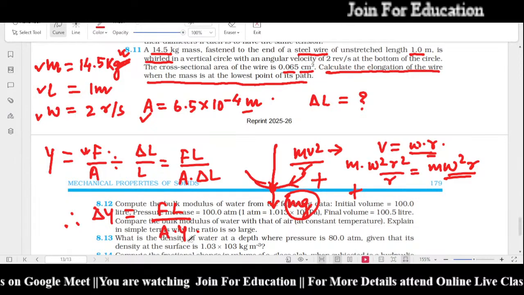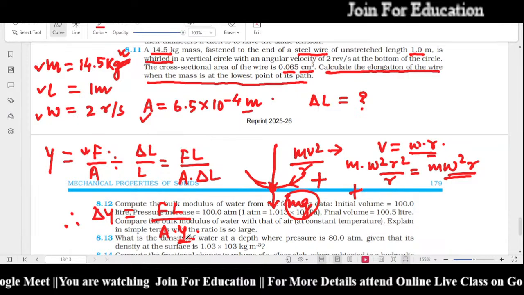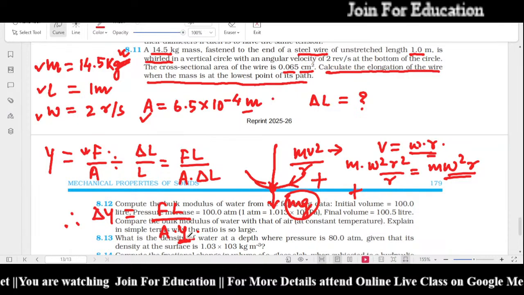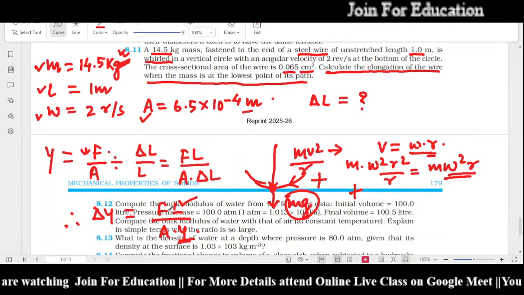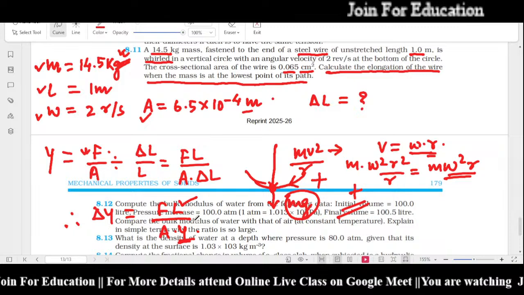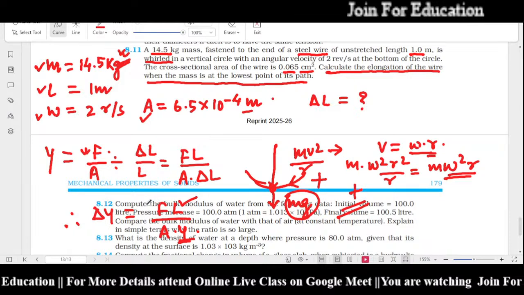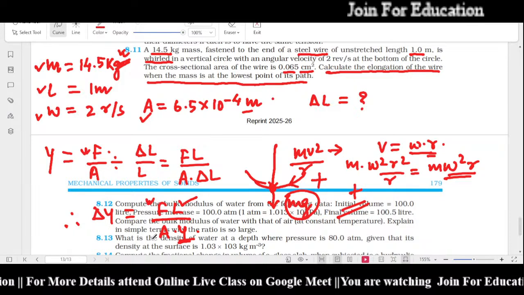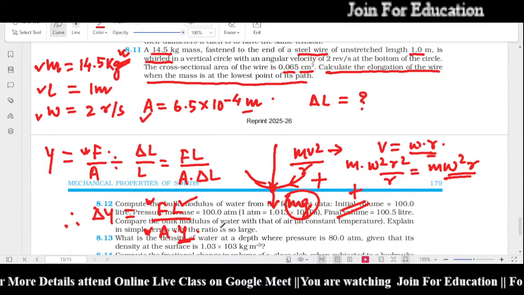From the table we see the Young modulus of the steel wire, and the value of L is given. We find the addition of the gravitational force as well as the centripetal force, then we get the value of F. The value of A is given.